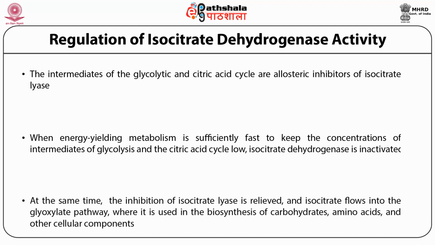The inhibition of isocitrate lyase is relieved and isocitrate flows into the glyoxylate pathway, where it is used in the biosynthesis of carbohydrates, amino acids and other cellular components. So friends, we discussed several reactions which are regulated in various ways in the citric acid cycle.